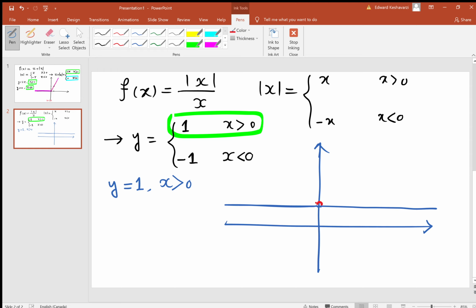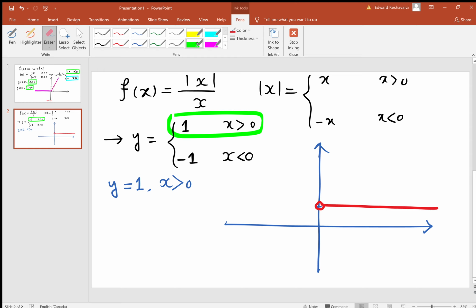So x larger than 0 obviously is here, because as I said before, in the first and fourth quadrants x is positive. Therefore, I need to erase this part.